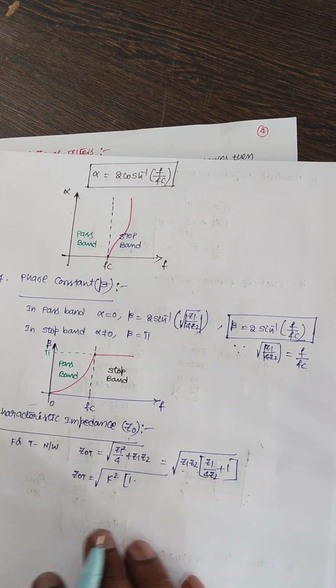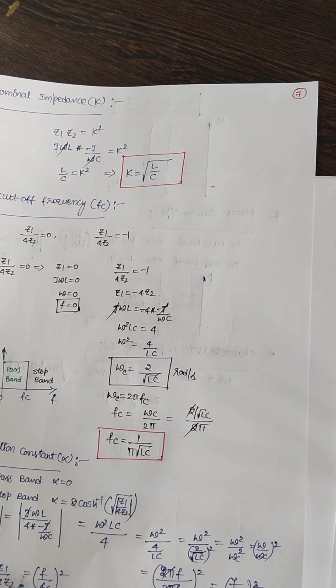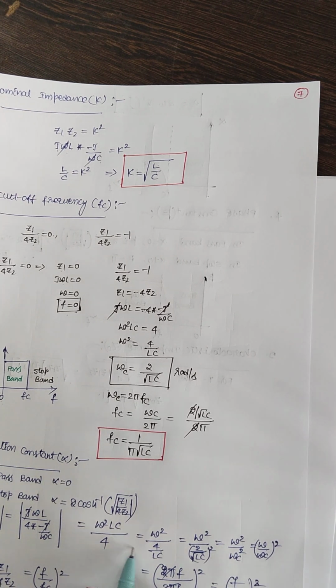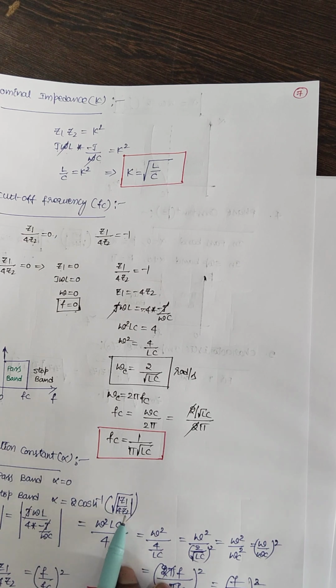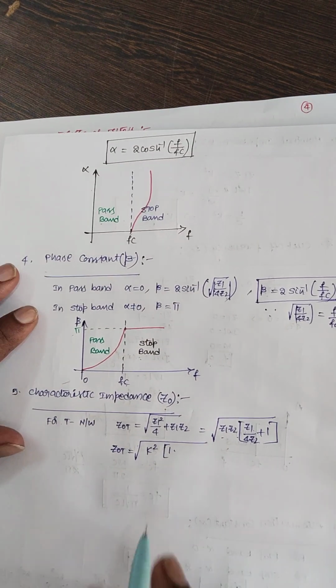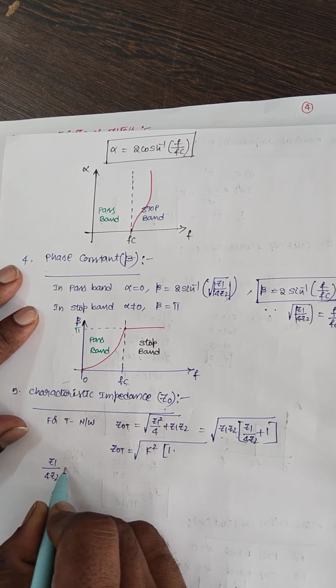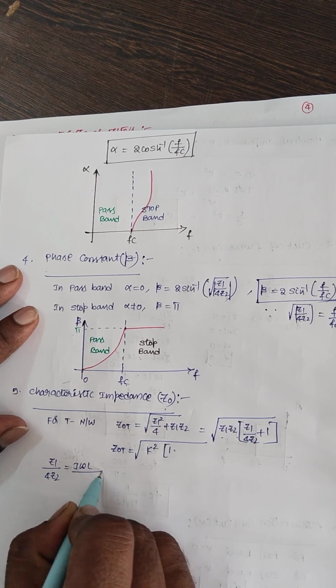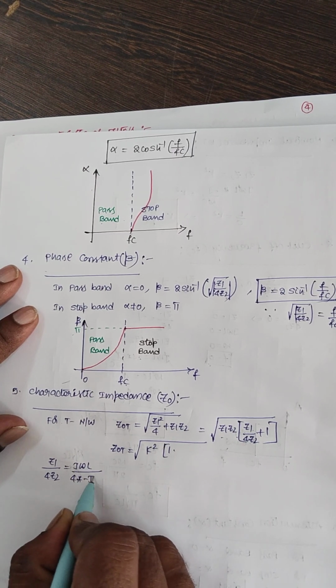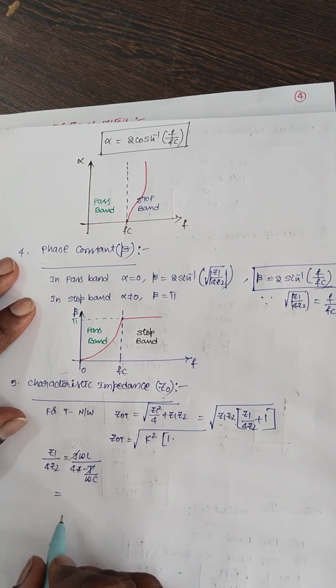If you calculate it, Z1 by 4 Z2 is equal to, Z1 is j omega L and 4 into Z2 is minus j by omega C. The j will get cancelled here.